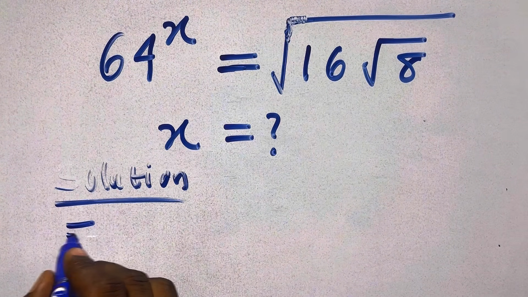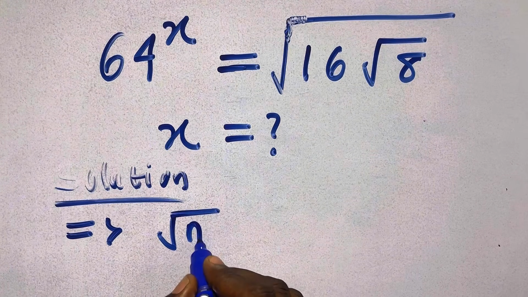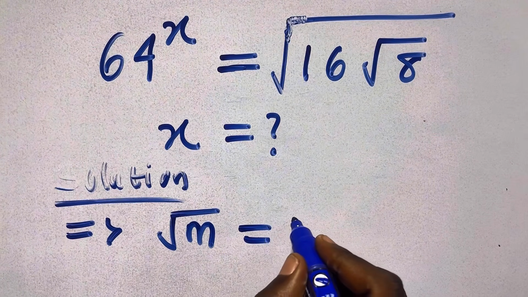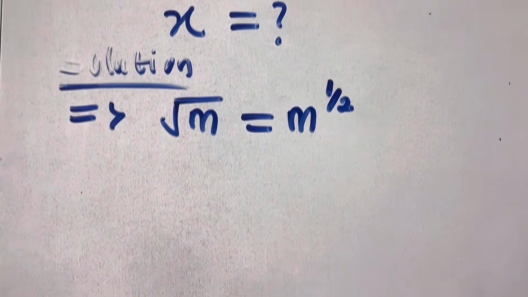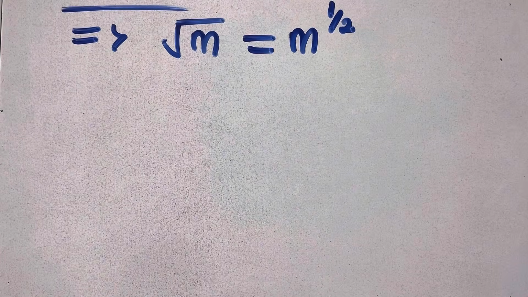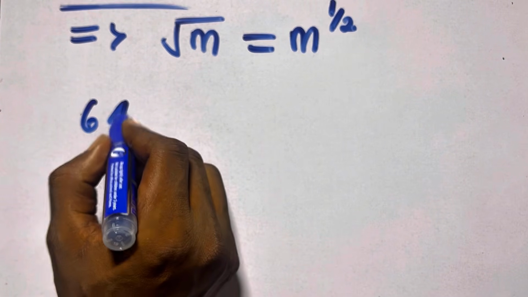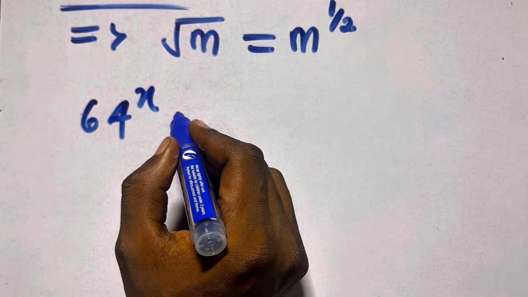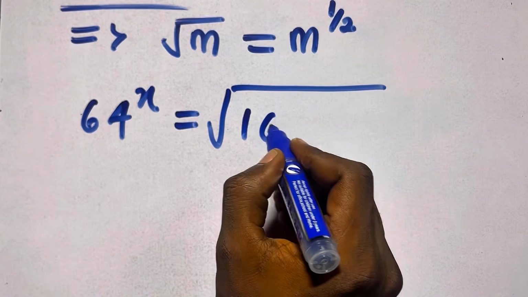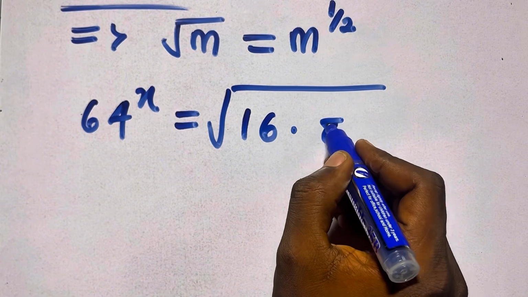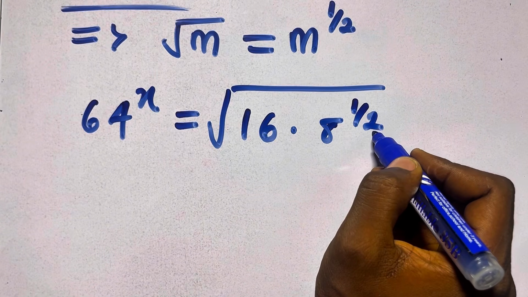The first thing I will ask you to do is to recall that the square root of m is equal to m raised to power 1 over 2. From here, let's go back to the given equation. That says 64 raised to power x equals square root of 16 multiplied by square root of 8, but we can turn this to 8 raised to power 1 divided by 2.